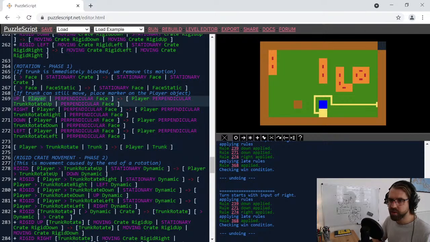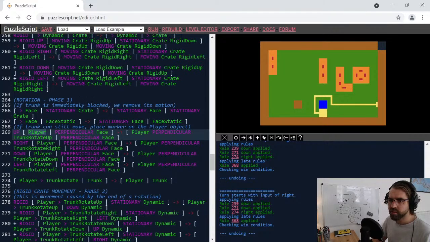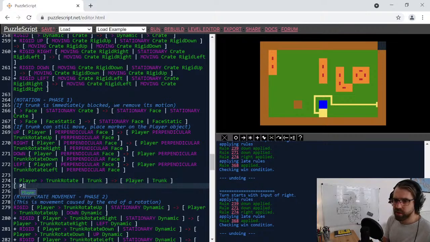Is the player moving at this point? I removed that already. Those things are moving. I could just do player no trunk rotates. This is going to work, sure.